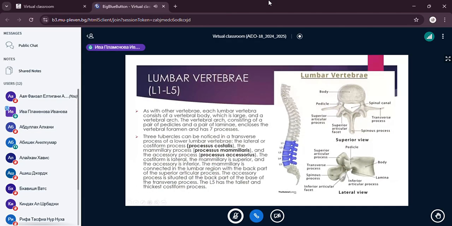So 3 tubercles can be noticed in a transverse process of a lower lumbar vertebra. The lateral are called costiform processes or processus costalis. The mammillary process, processus mammillaris, and the accessory process, processus accessorius.